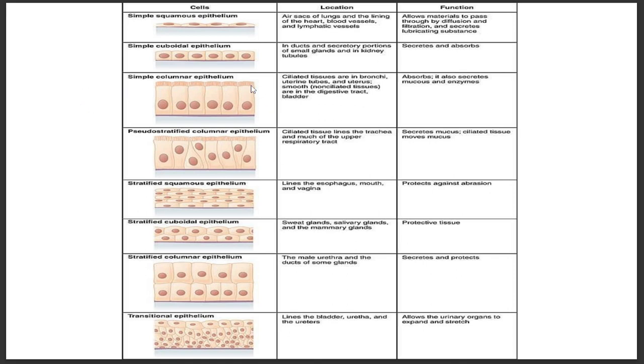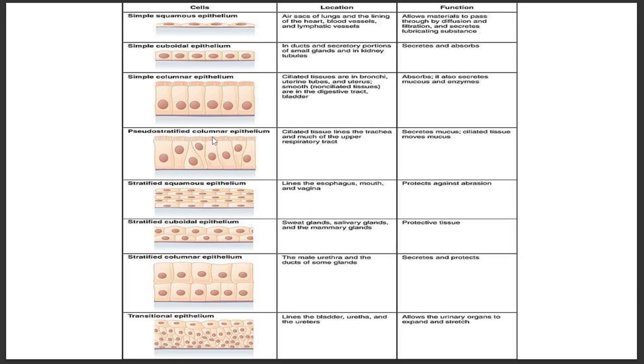But for this one, which is mostly in the digestive tract, because you want absorption to happen, the cell is going to have some special characters such as microvilli to help in the absorption. But cilia is going to be like in the uterine tubes, like the fallopian tube, where there is need to push the egg forward.